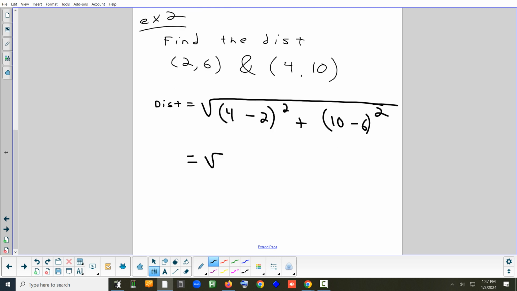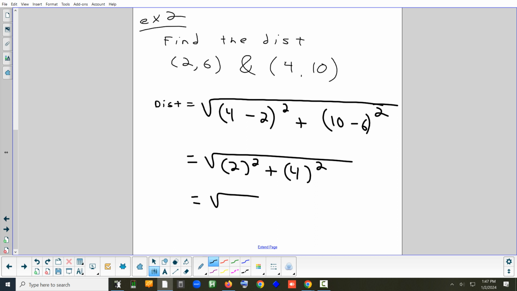All right, let's start to work on that. Christian, what's 4 minus 2? 2. And yeah, let's just stop with that. So 2 squared. And 10 minus 6? 4 squared. Okay, 2 to the second power gives me 4.